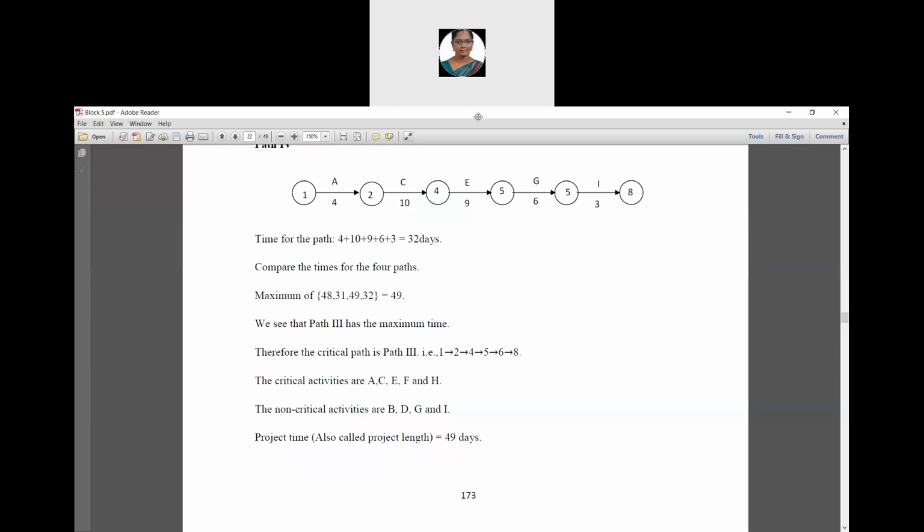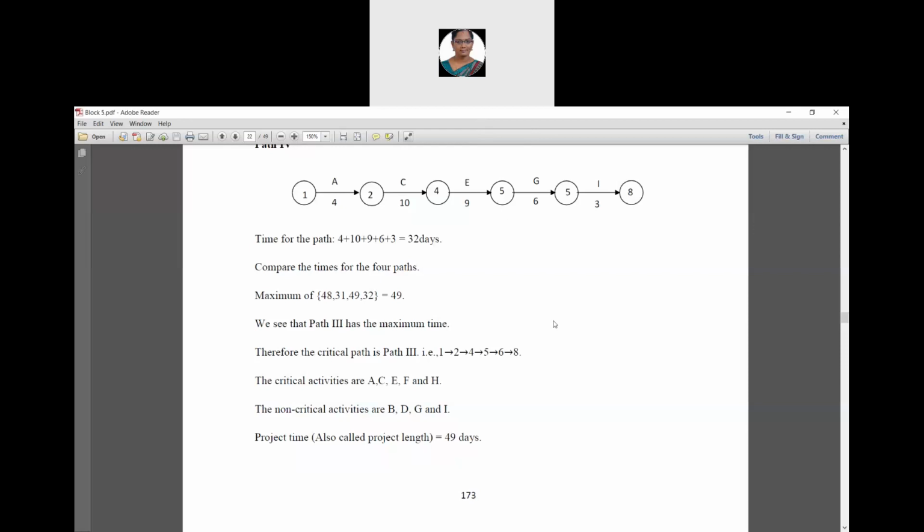We see that path 3 has the maximum time value.